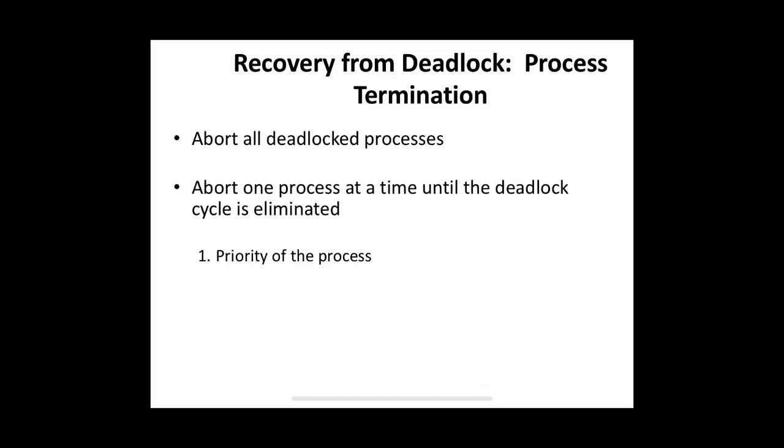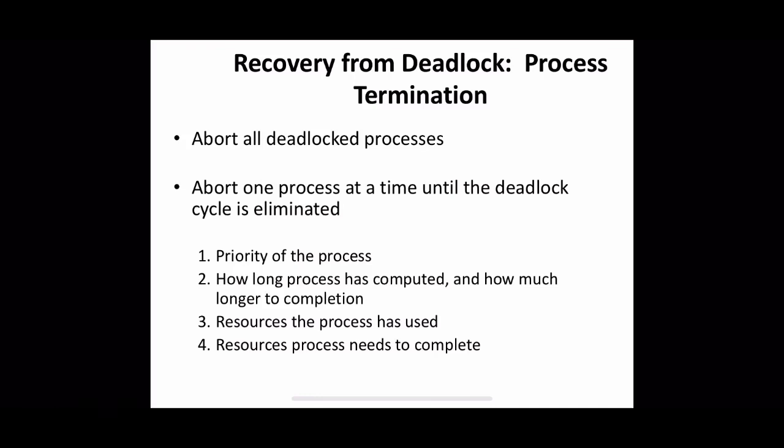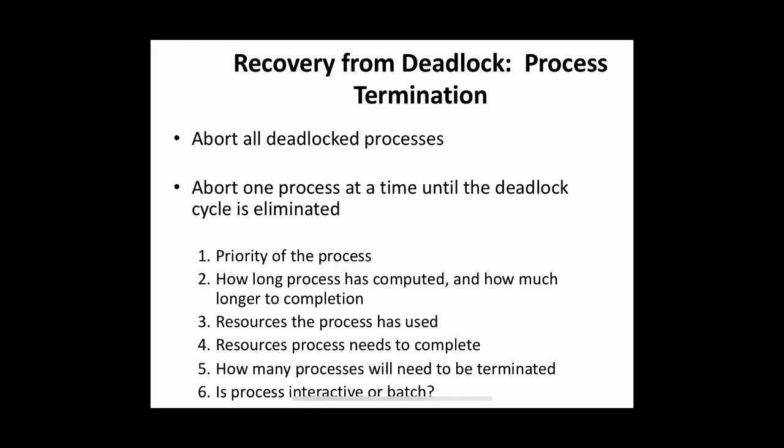Like what is the priority of that process, or how long the process has already computed and how much more it has to be computed, or what are the different resources already allocated to that process, and also what are the different resources it is already waiting for, or how many processes will need to be terminated if we select this process for abortion. Like that, lots of factors have to be considered.